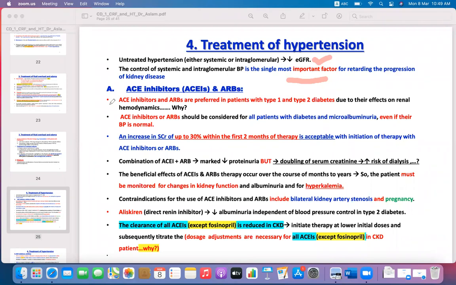Angiotensin converting enzyme inhibitors are preferred in patients with type 1 and type 2 diabetes due to their effect on renal hemodynamics. Why? Because angiotensin converting enzyme inhibitors or angiotensin receptor blockers should be considered for all patients with diabetes and microalbuminuria, even if their blood pressure is normal.